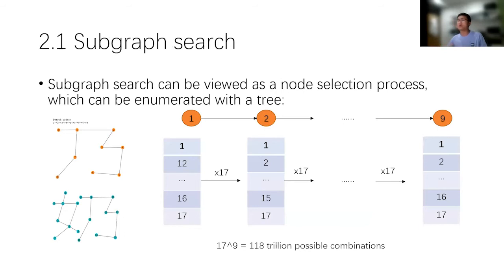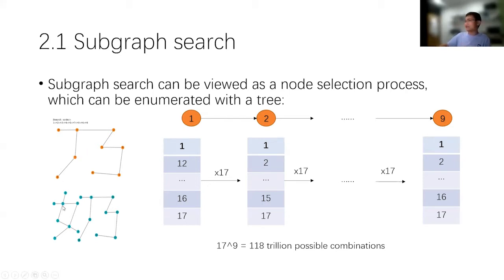Once we have this graph representation for a character, we can view the substructure searching problem as a subgraph searching problem. And this problem can be rephrased as a node selection process like this. Let's say this orange structure is our target structure.